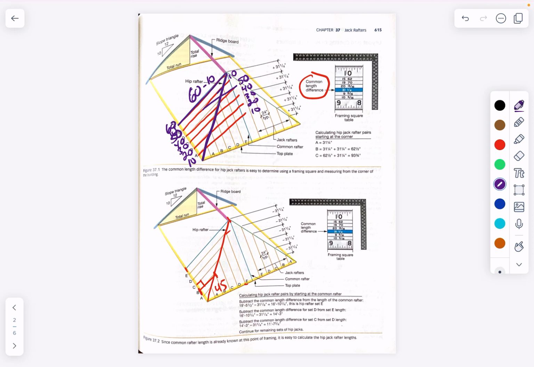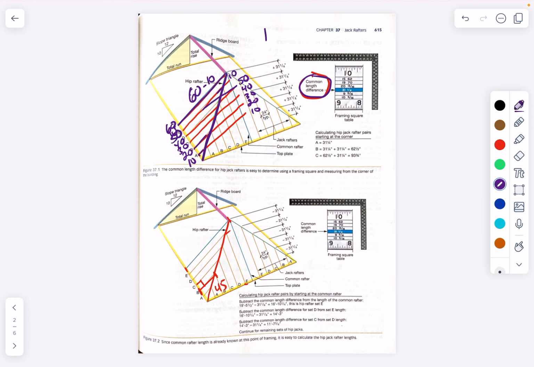All we're referring to when we say common length difference is how much shorter each rafter is compared to the one previous to it. You could start here and say the first one is 10, and then add, 10 plus 20, or you could work backwards from the ridge.